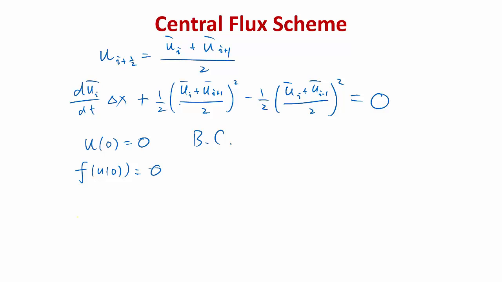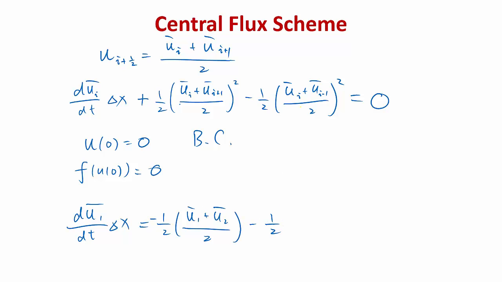So at the first interval, du_1/dt times delta x would be equal to minus half of u_1 bar plus u_2 bar, minus half of what? 0, because here we don't need to substitute the approximation.